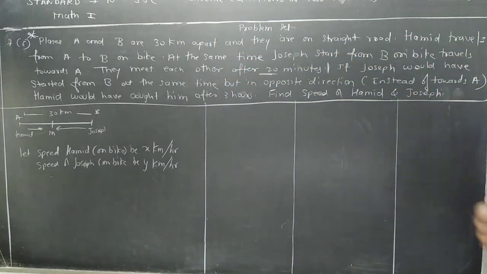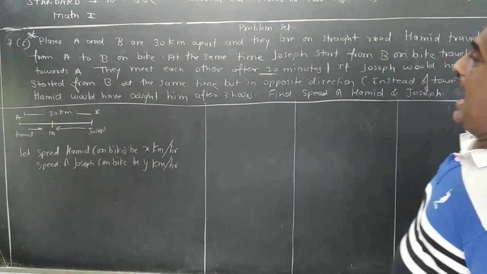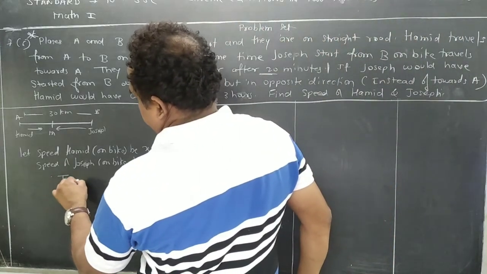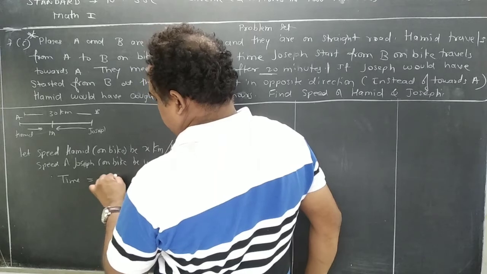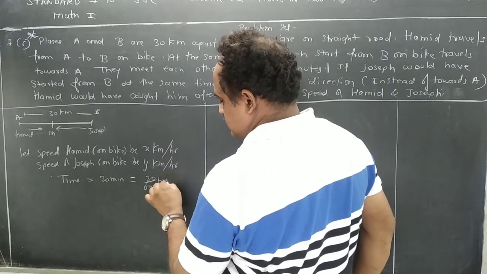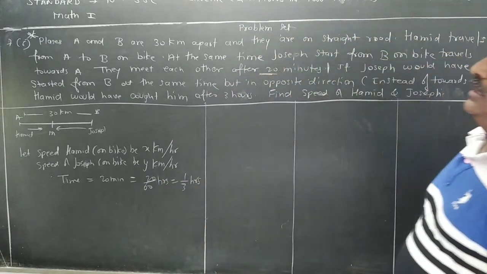I have given one triangle, speed is equal to distance upon time formula we have to apply because distance is given. And time is equal to 20 minutes, that is 20 upon 60 hours, that is equal to 1 upon 3 hours. Correct?